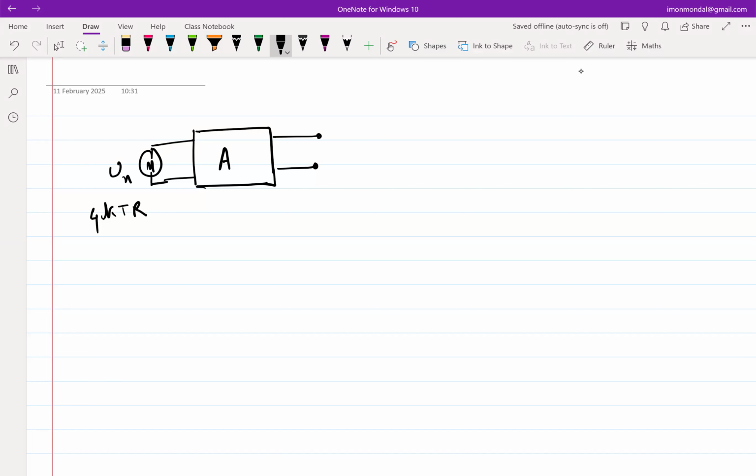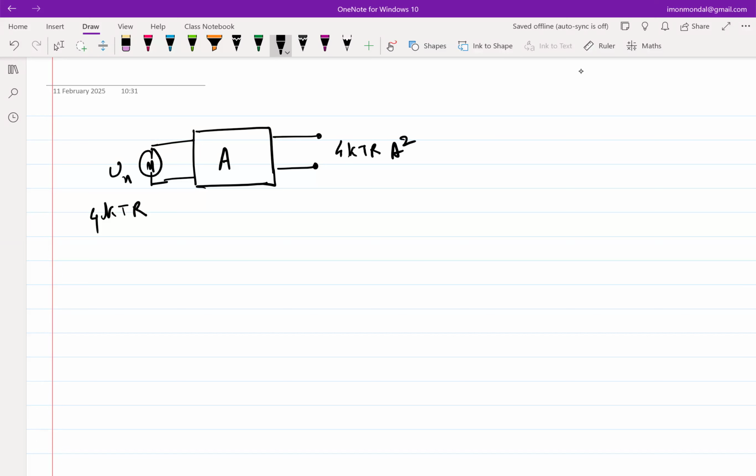Since Vn is not a deterministic source, not a sinusoidal source, we talk about its power spectral density. So the output becomes 4kTr times A squared. Here A is considered constant across all frequencies.